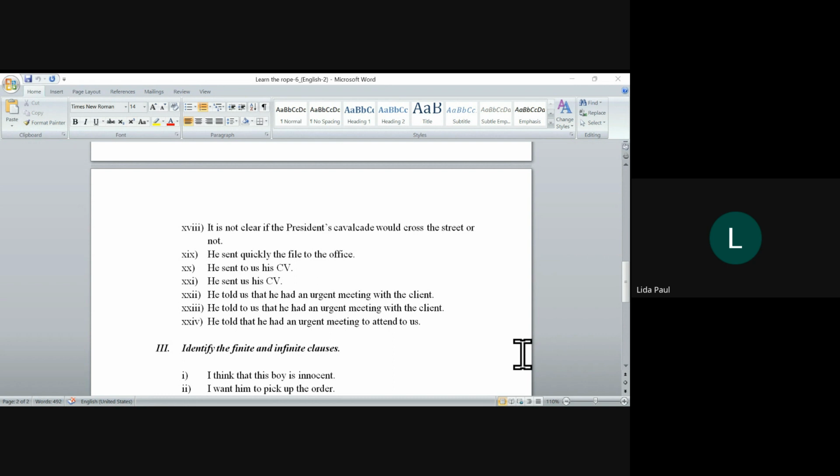I gave that which was his to his friend. You look at this sentence that we have here.